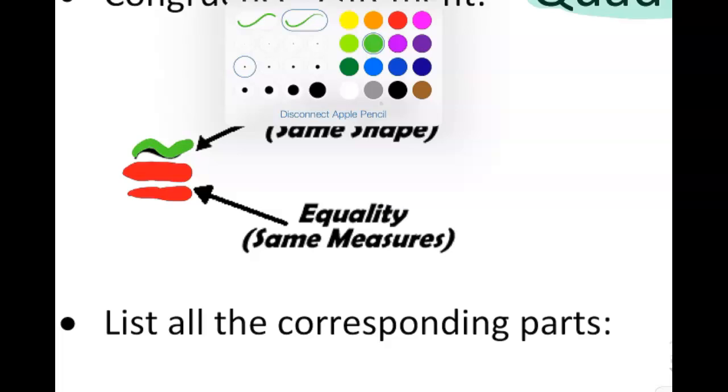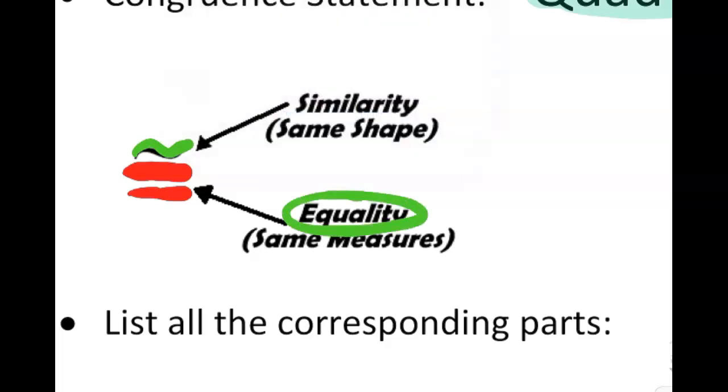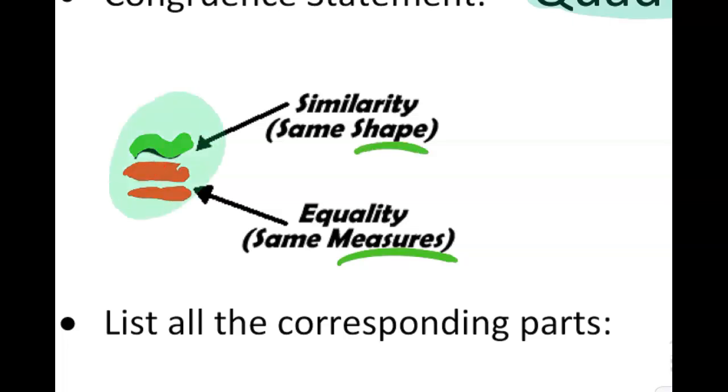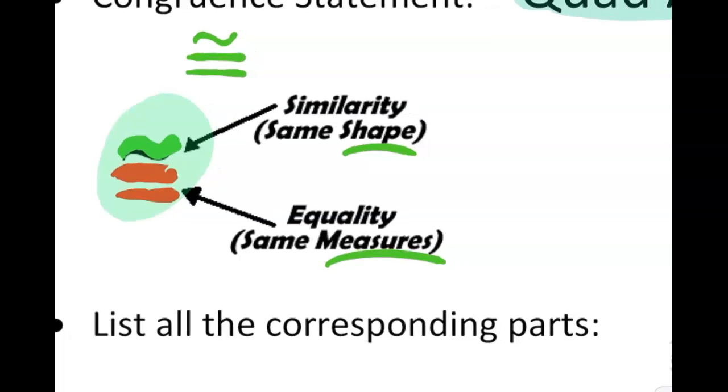It's got an equal sign, which means equality, right? Which means it's the same measure, same size. And then it has the wiggle at the top, which means similarity, which basically means the angles are the same, which gives it the same shape. So when you have the same size and same shape, you are congruent. So we're going to be writing this notation a lot. An equal sign with a wiggle over it, and it means congruent.